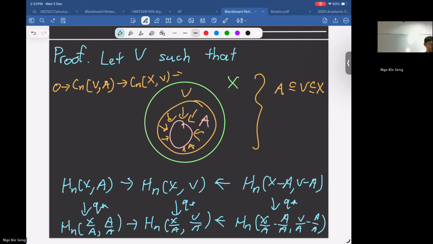The second isomorphism theorem is like the fractions you learned in high school, right? X over A is equal to X over V over V over A. Correct or not?